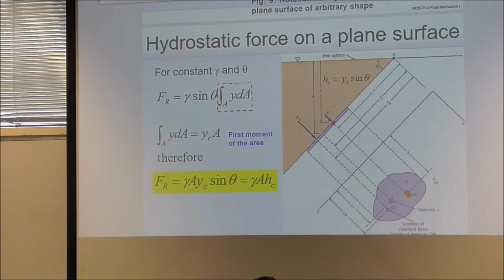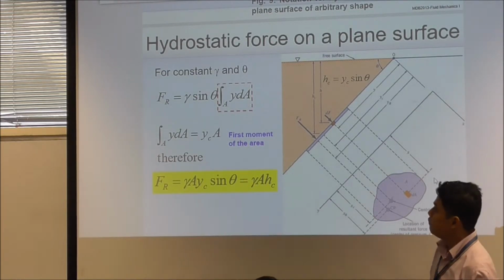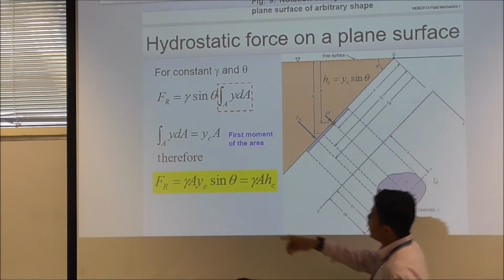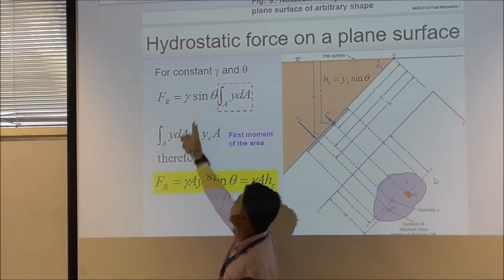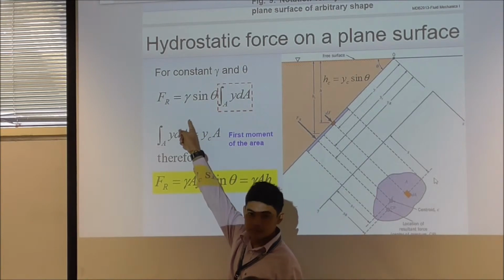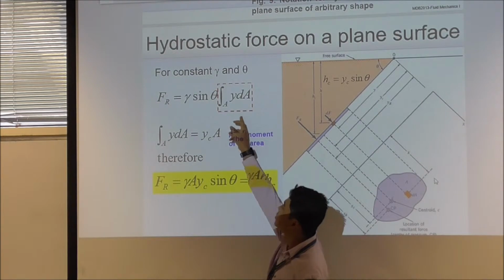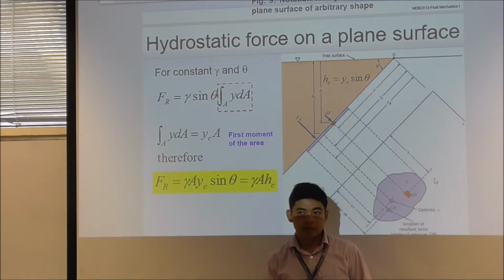Okay, for our class, for our convenience, we take the assumption that gamma and theta are constant. So by doing so, you can take the gamma out from the integration and theta out of the integration. You will end up having this. And this one is the so-called first moment of the area. How do you learn this?